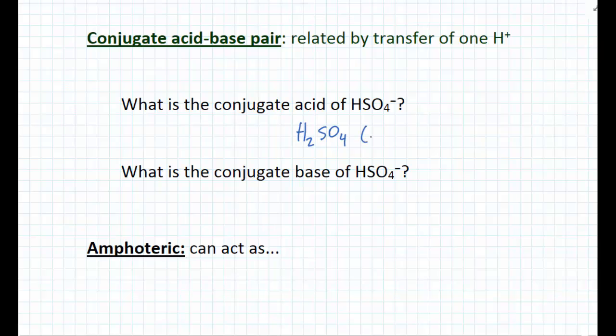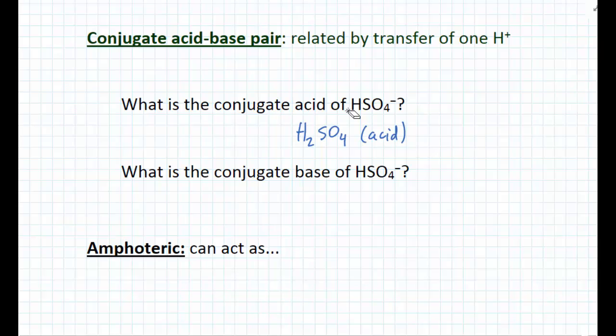Because if this acted as an acid, what did we say that acids do on this page? They donate a proton. If this acid donated a proton, we would end up with HSO4 minus. See how that works?